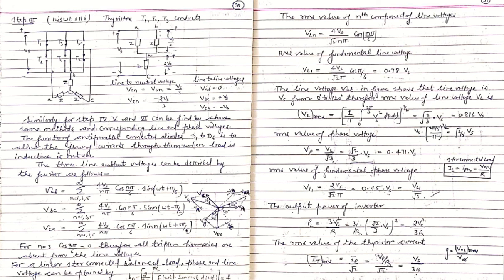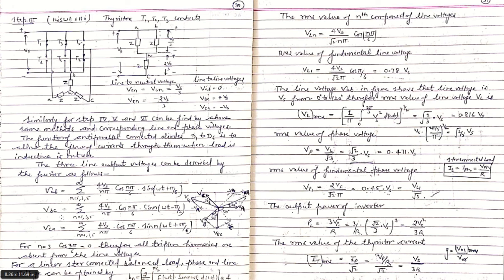To obtain VAB, we take VB on the negative side as minus VB and subtract it. So VAB equals VA minus VB. This line voltage is now 30 degree leading to the phase voltage, so VAB leads the phase voltage VAN by 30 degrees. So we write plus 30 degree, that is plus pi by 6, in the expression of this line voltage.